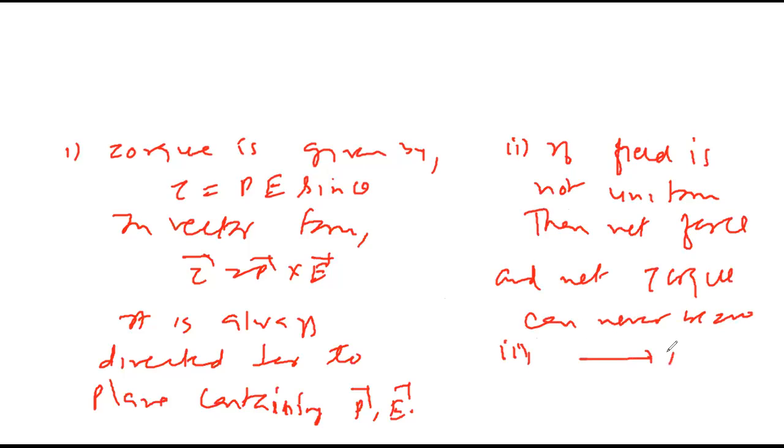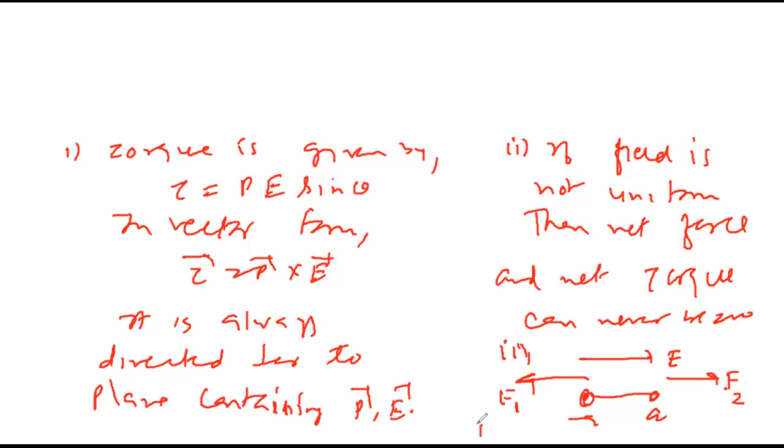This is field E, and parallel to P means parallel to this, minus Q, plus Q. So force acting on the positive charge is F. If field is increasing in the direction of field, that means force in the direction of field will increase, and in the opposite direction will decrease.